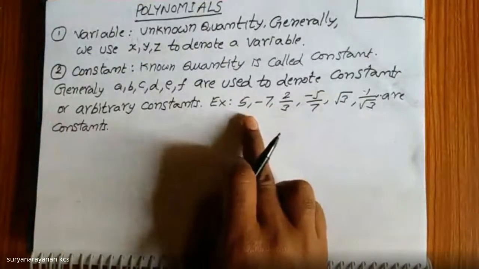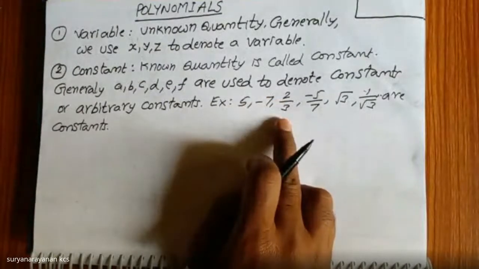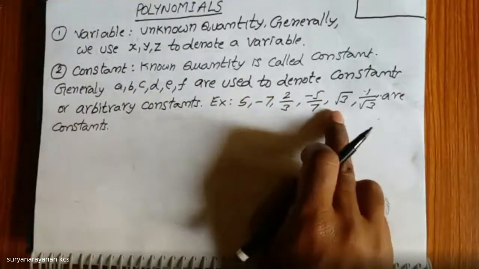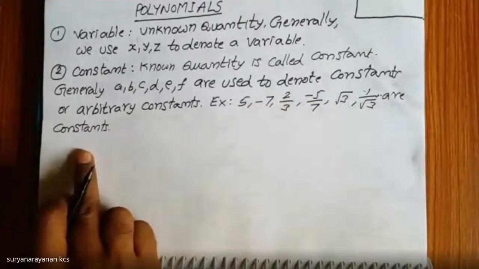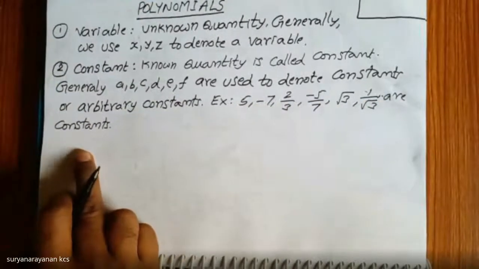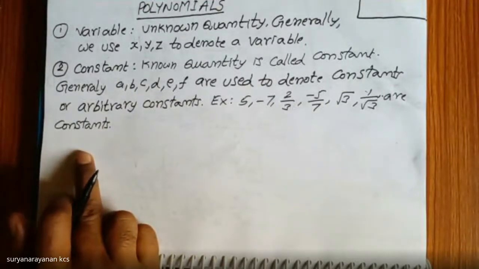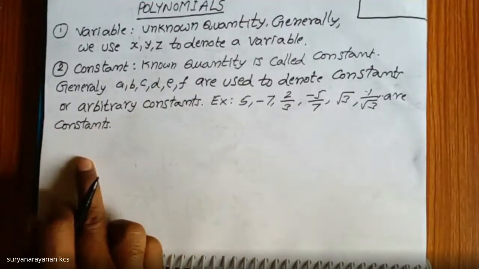5, minus 7, 2 by 3, minus 5 by 7, root 3, 1 by root 3, etc. are constants. All real numbers, all rational numbers, all irrational numbers, all integers, all whole numbers, all natural numbers can be treated as constants.